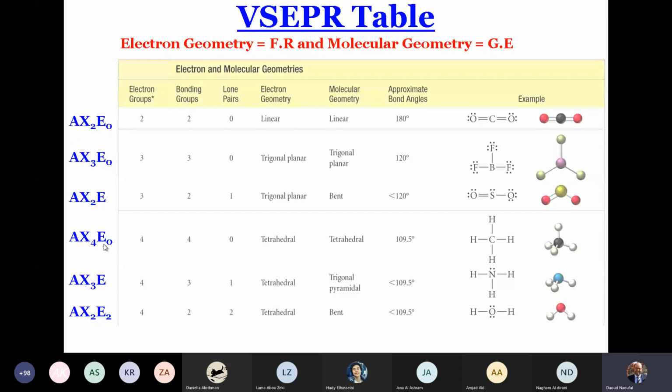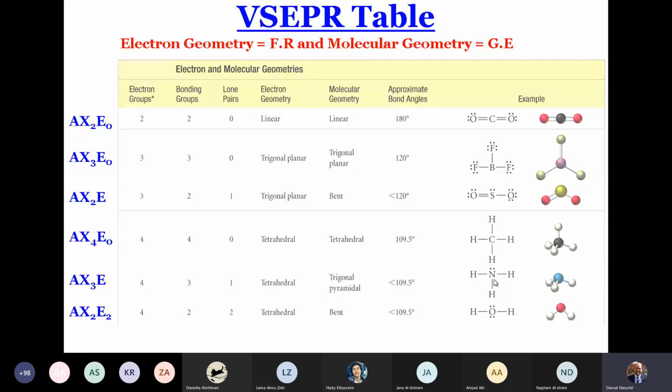We don't have lone pairs. So AX4 has a figure of repulsion tetrahedral, and since we don't have NBP, the figure of repulsion is the same as the geometry. This is the tetrahedral form, and the angle is 109.5 degrees.